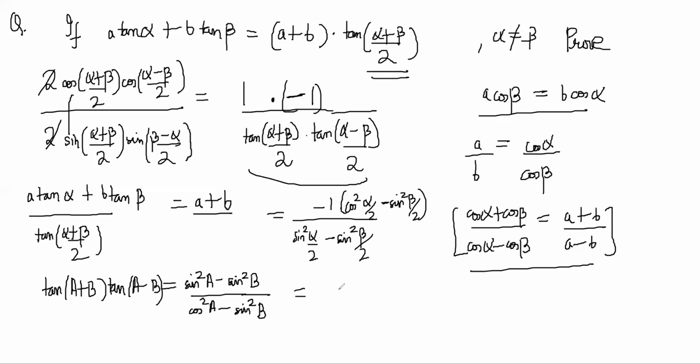So this becomes sine square beta by 2 minus cos square alpha by 2 by sine square alpha by 2 minus sine square beta by 2, right? Okay. So this is now a little simpler, right? This one is my expression, right?